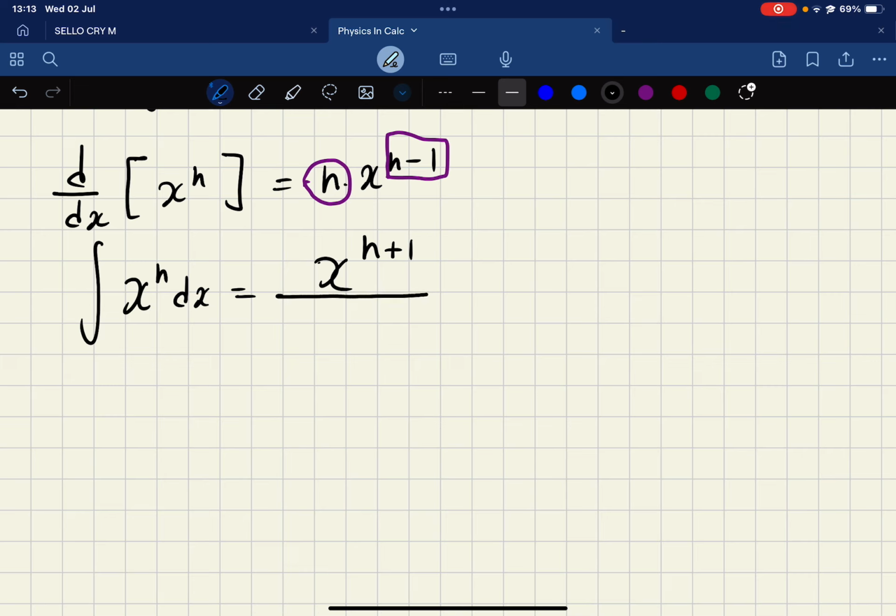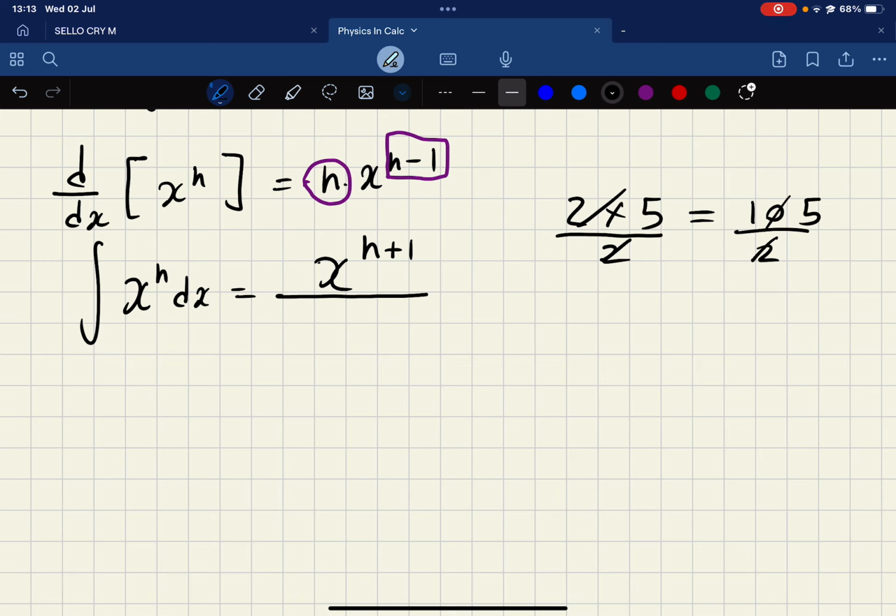Let me show you how. Let's say we have 2 times 5, which is equal to 10. If I want to remove that 2, I'm going to divide by 2, so that I cancel and remain with 5.